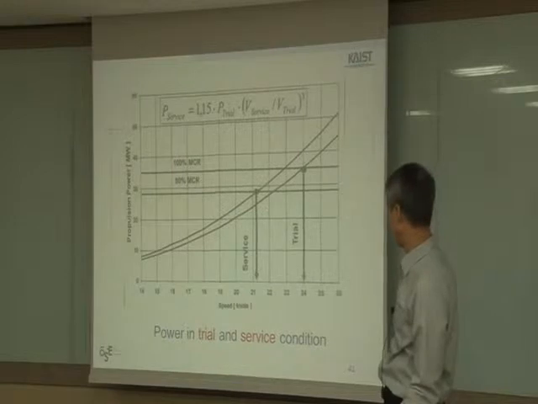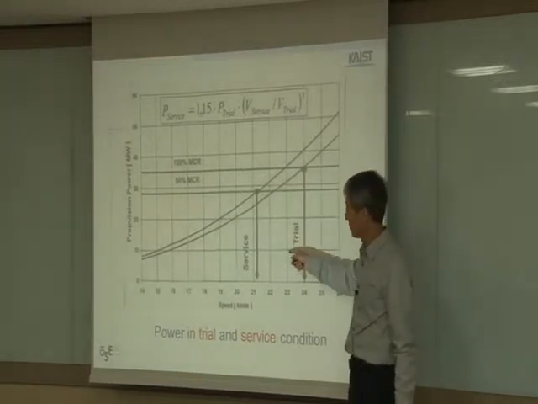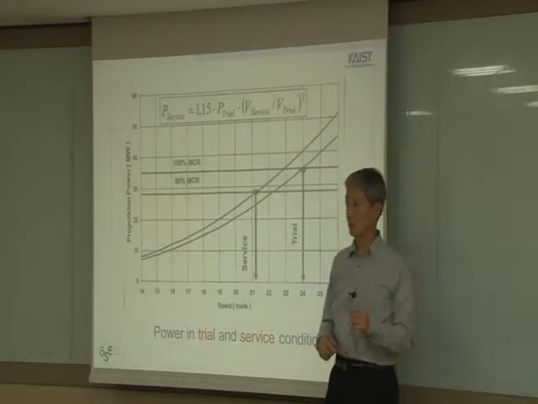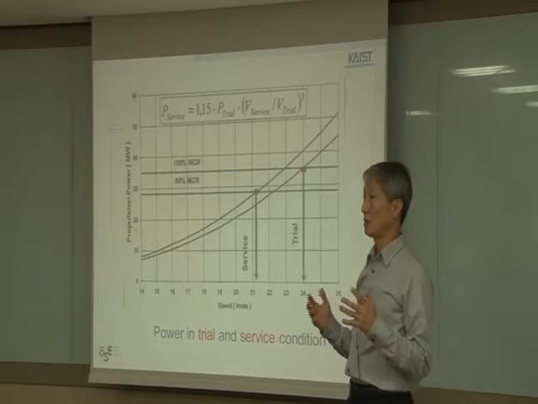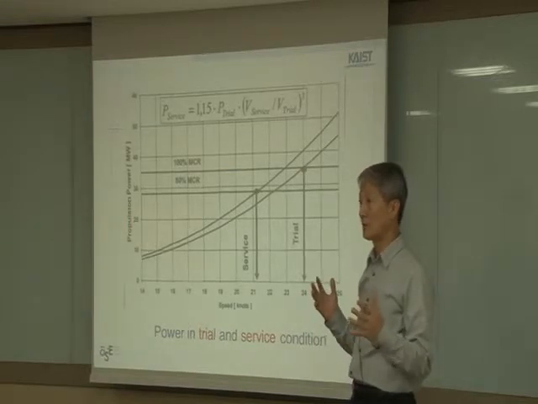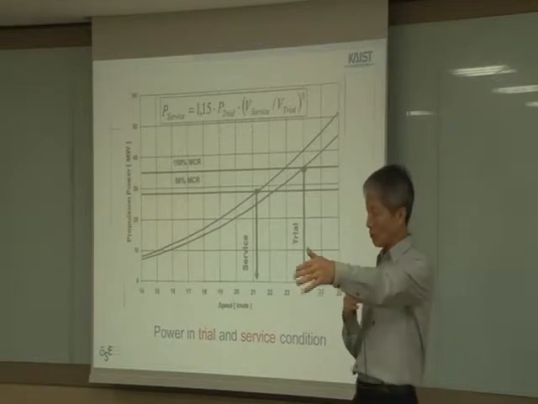Power in trial and service: you know that trial speed and service speed are different. Service speed depends on the schedule and route.